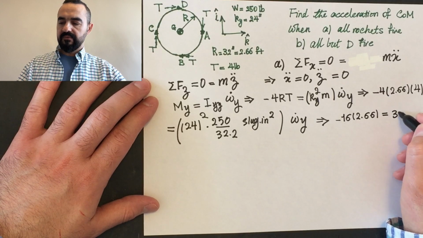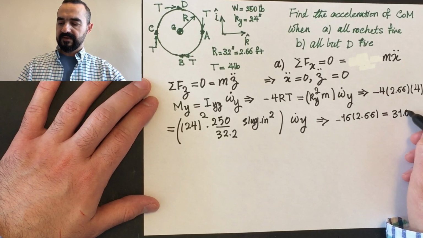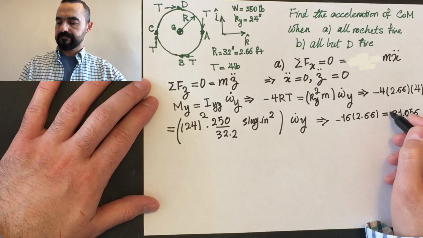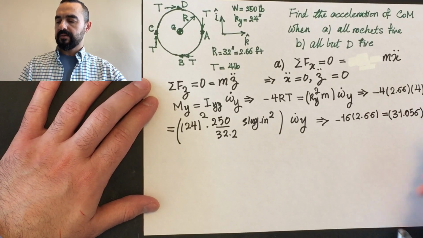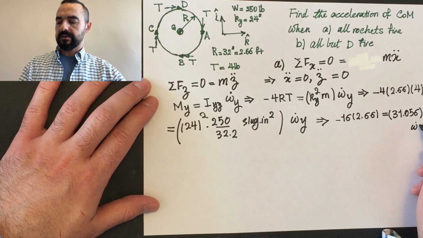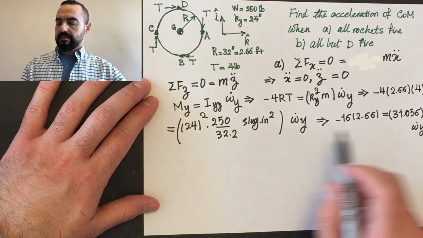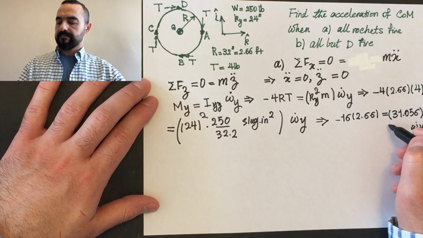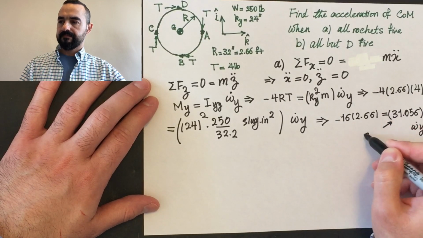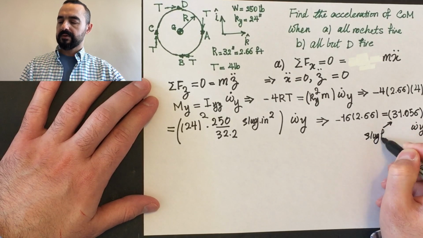I have 31.056 multiplying omega dot y. And this is in slug-feet squared.